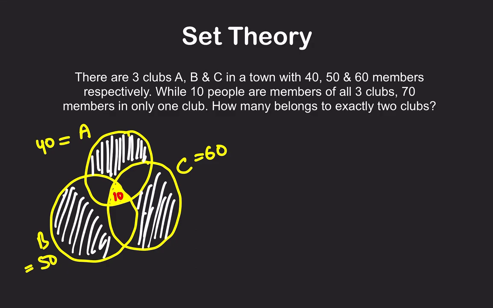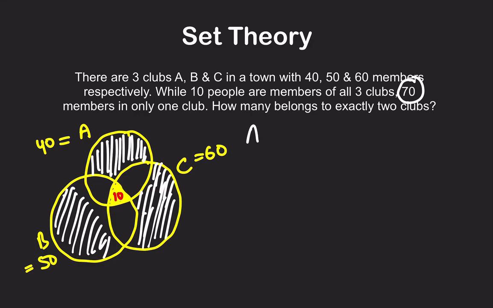So these are members of only one club, right? And the number of all such people is 70. Okay, fine. So now let's try to solve this question using just the basic equations.